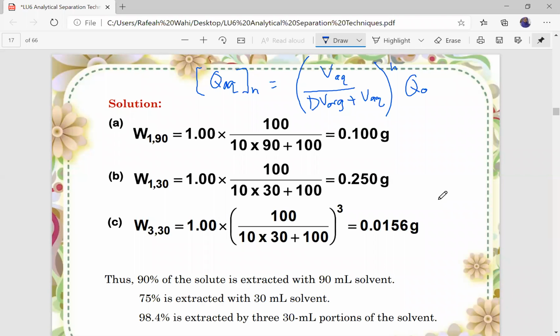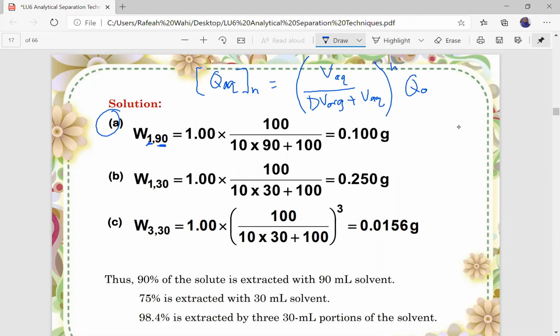So if you look at the equation from the previous slide on calculating how much extraction is happening, for question A, we will extract 1 time, so n is 1, with 90 ml of organic solvent.